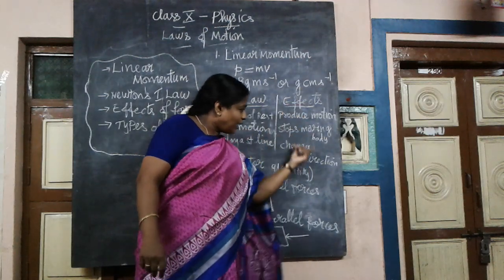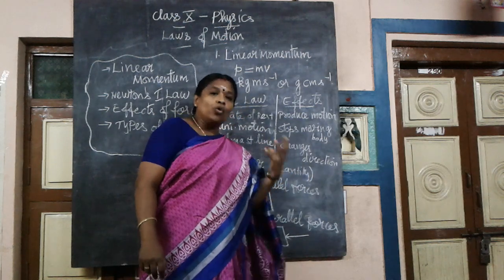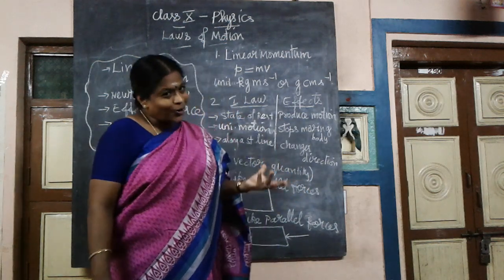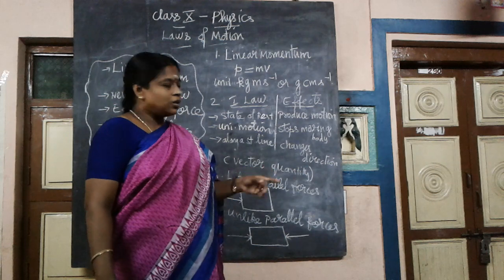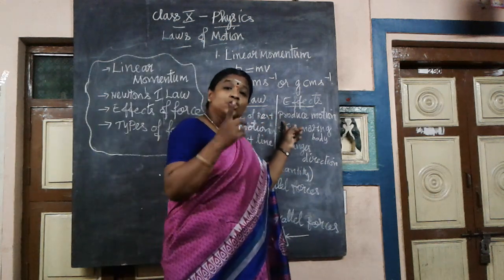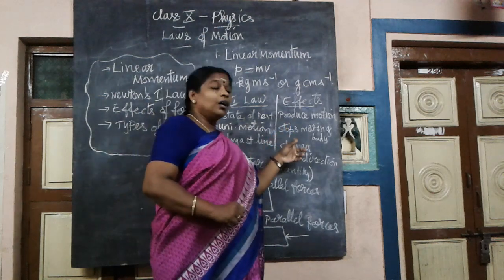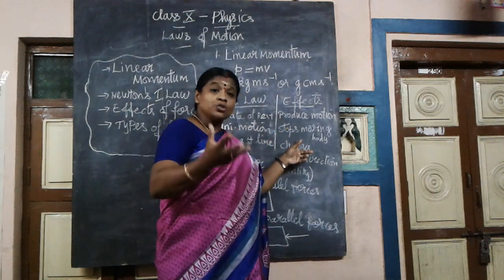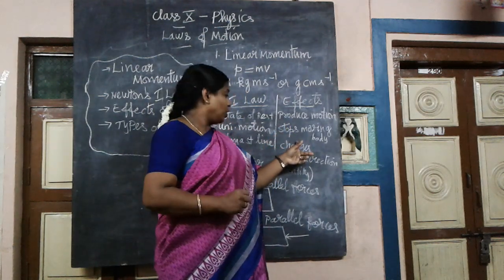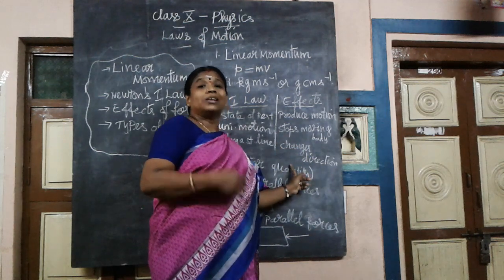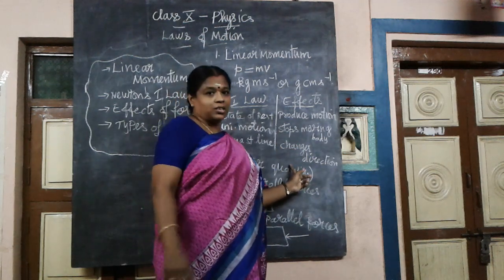So now can you define the force? Force is again push or pull which produces or tries to produce motion of a rest body and stops or tries to stop a moving body, or which will try to produce change in the direction.